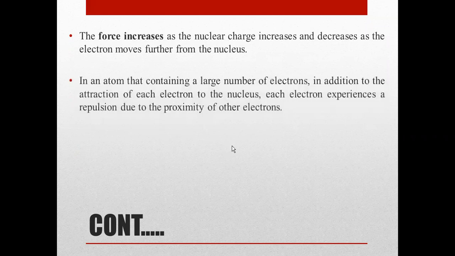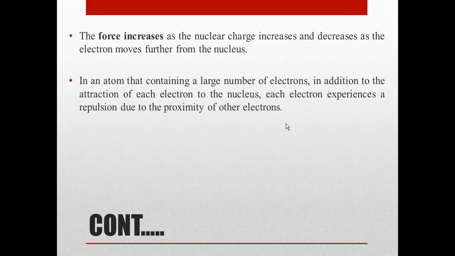In an atom containing a large number of electrons, in addition to the attraction of the electron to the nucleus, each electron experiences, and this word is very important, repulsion due to the proximity of the other electrons. Why? The electrons are negative charges, so there should be a repulsion between them.